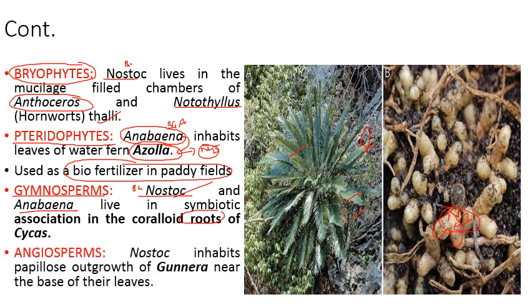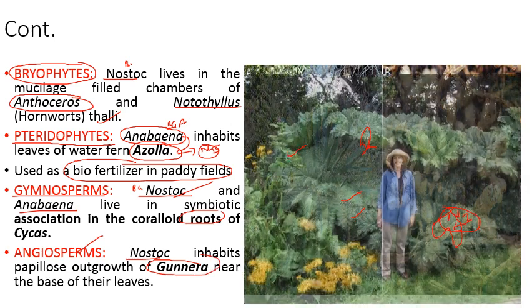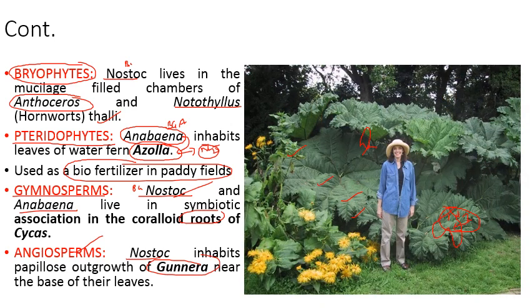Then finally comes angiosperms. Again, Nostoc inhabits the papillose outgrowths of Gunnera. Gunnera एक plant है जिसके बहुत बड़े बड़े leaves होते हैं. This is the photograph which shows Gunnera plant. So near the base of their leaves, they show some papillose growths जिसमें ये Nostoc inhabit करता है, and again helps in nitrogen fixation in this plant.